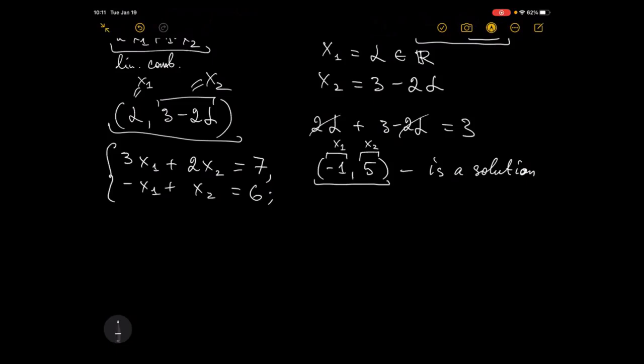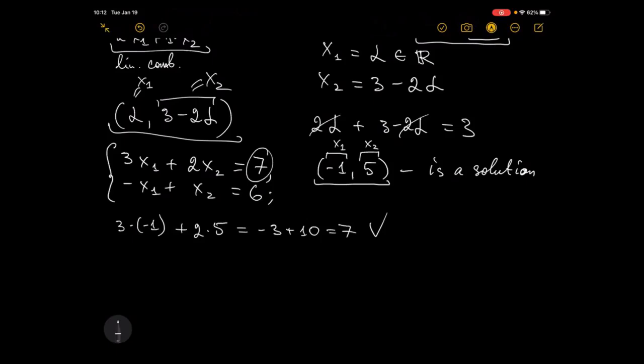Let us check. 3 multiplied by -1 plus 2 multiplied by 5 equals -3 plus 10 equals 7. Works, right?